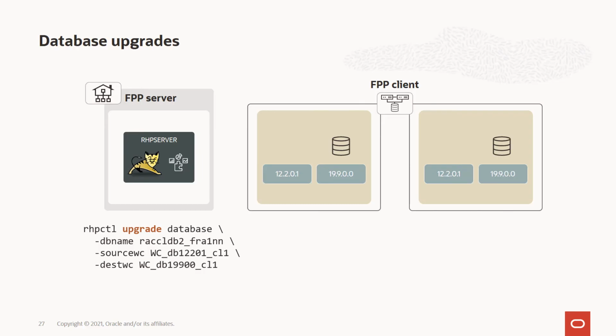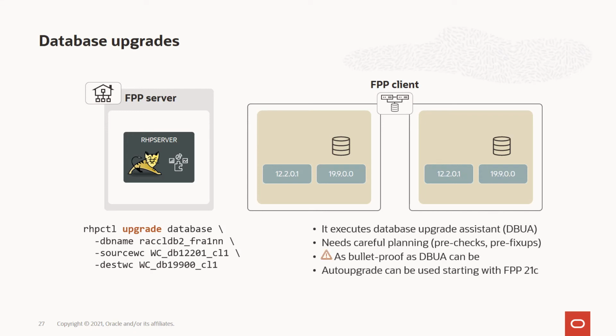It should be as easy as doing RHPCTL upgrade database, but we all know that upgrading the database is not that easy. To give you some background, FPP up to 19C uses the Database Upgrade Assistant. And the customer needs to do some pre-checks, have some fix-ups, and upgrade the database with RHPCTL, which uses the upgrade assistant to upgrade everything.